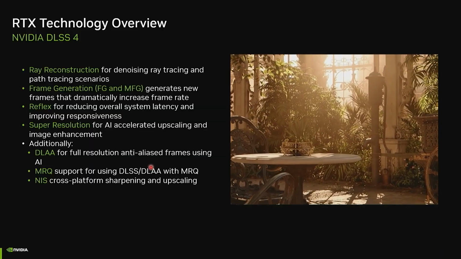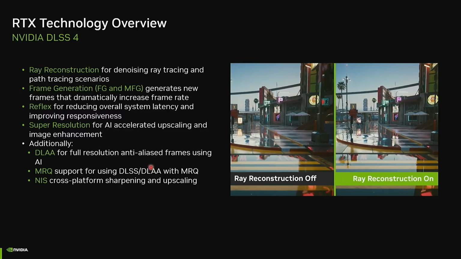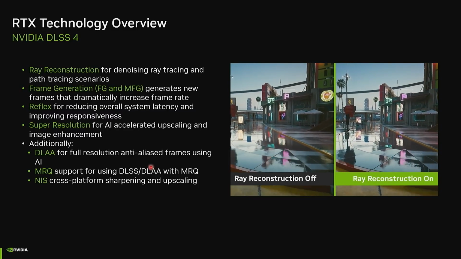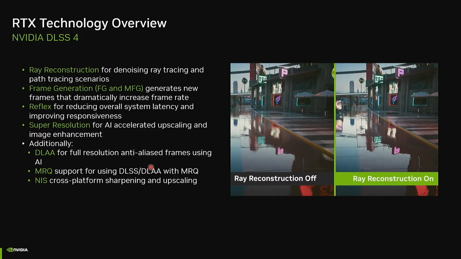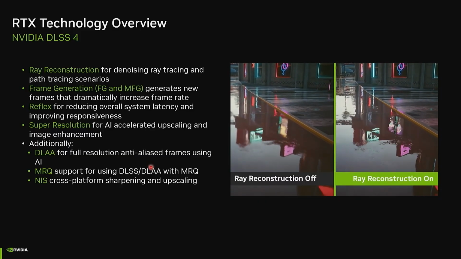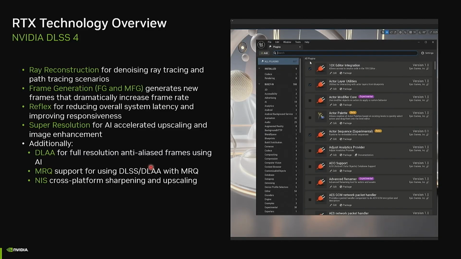There's a lot of things here: fine details, high contrast details, thin meshes, all the small details that in the past DLSS 1 would have probably failed on, especially at a 50% input resolution, that they seem to be very resolved under DLSS 4. So the quality is dramatically improved.